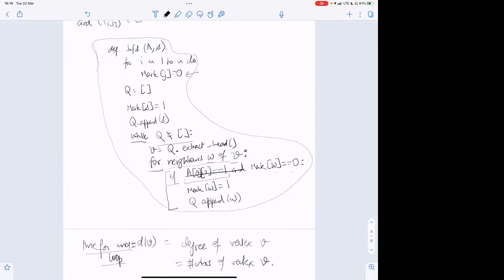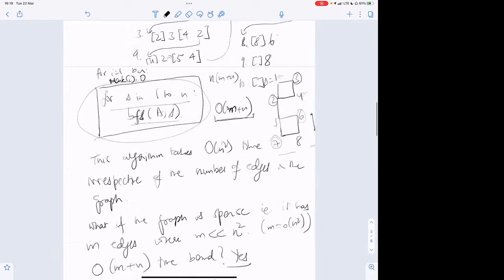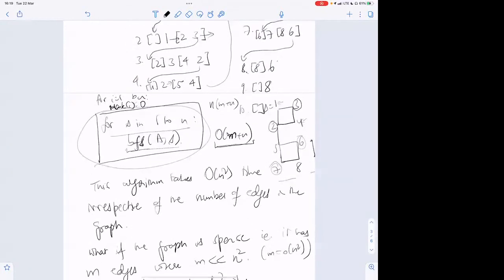Because it has been put in the queue only once. Those vertices will be explored only once. That might happen during different iterations of BFS, but nevertheless, it will happen only once. Okay, yes, sir. I see it now. Correct? Thank you, sir. So therefore, this also runs in order m plus n. But what is the use?